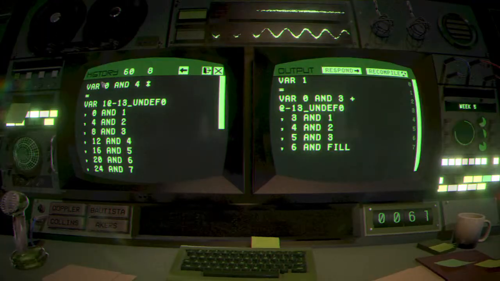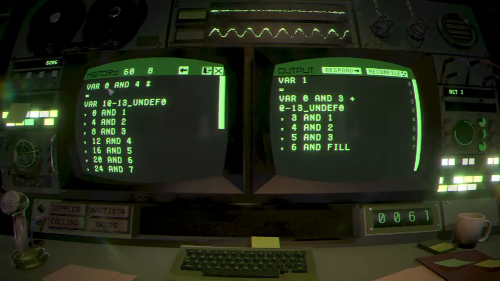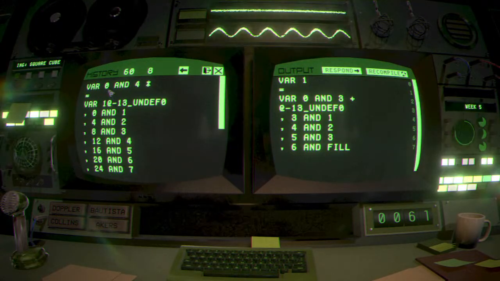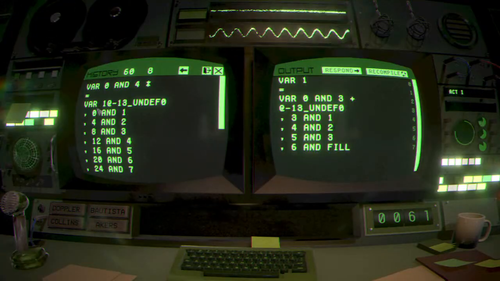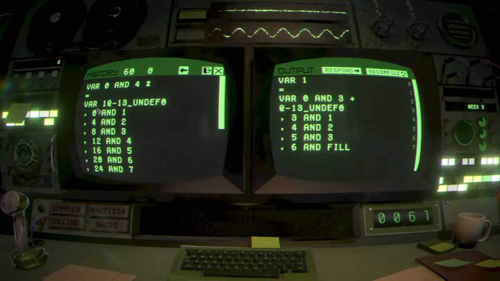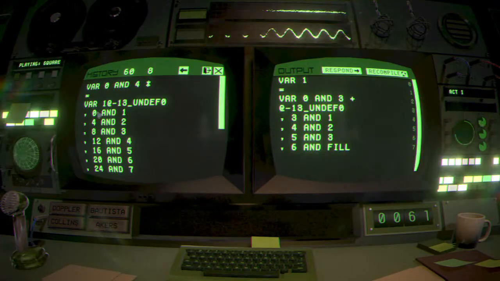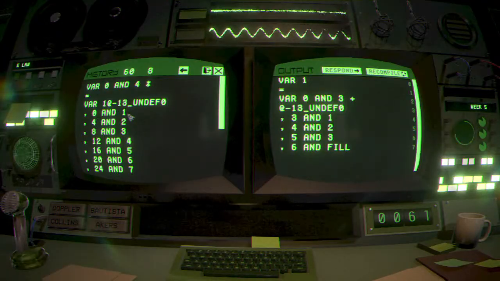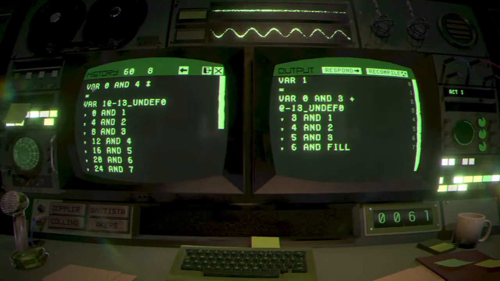But this is weird to me because for some reason my brain says variable 0 is on the left side, variable 1 is on the right side. But first of all, 0 and 1, no, it goes like down.